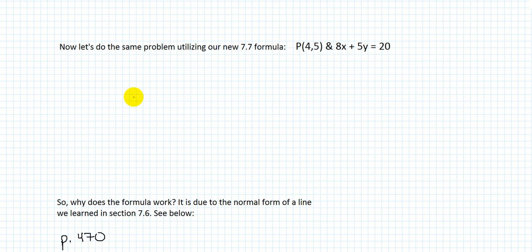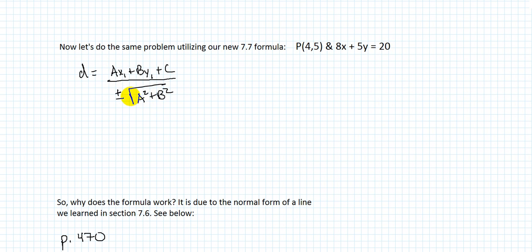And just briefly, you don't need to worry about trying to figure out how we get the formula, just being able to use it. And every time we use it, I want you to write it down. So we're going to have d equals ax1 plus by1 plus c over plus or minus the square root of a squared plus b squared.